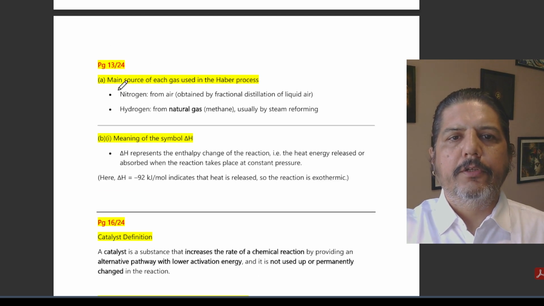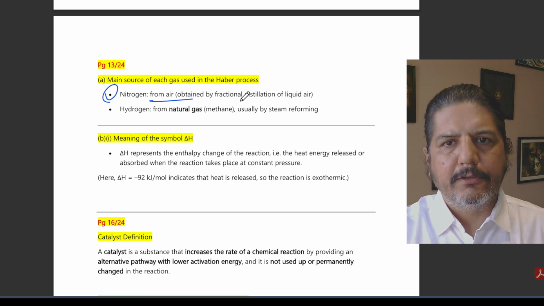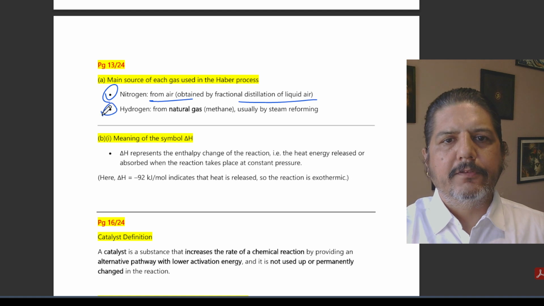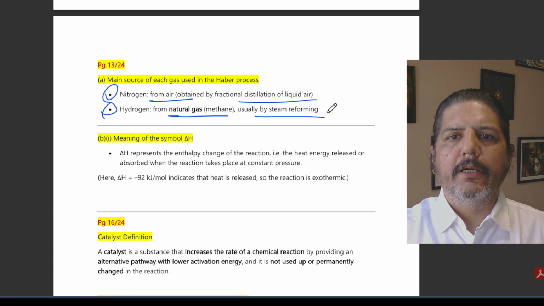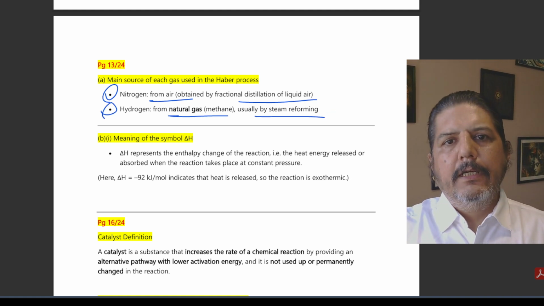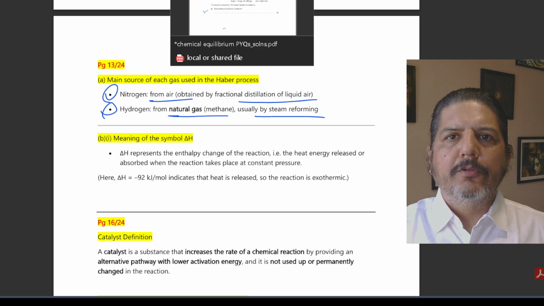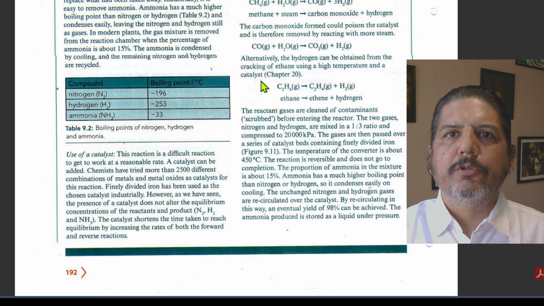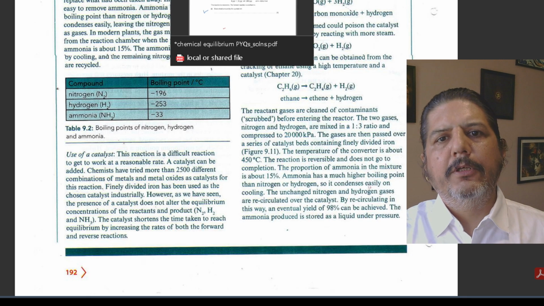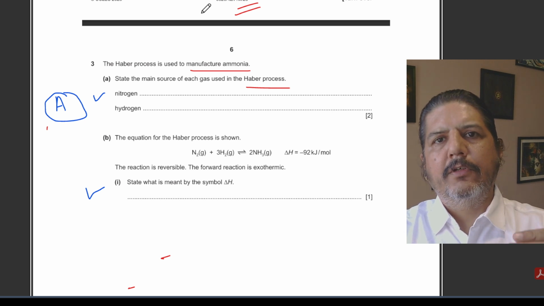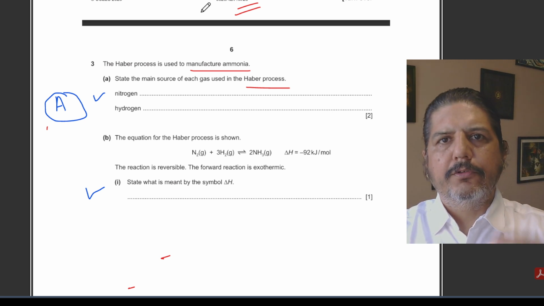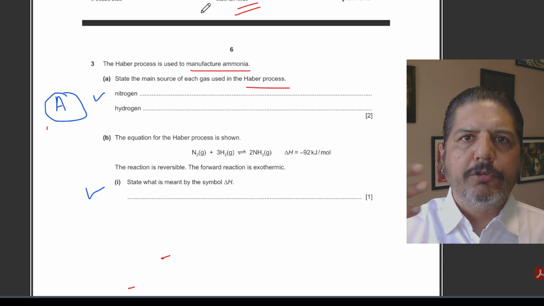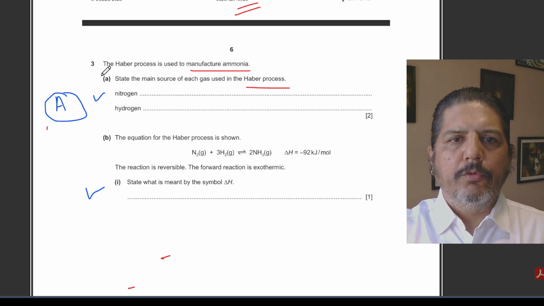Nitrogen is available from air, fractional distillation of liquid air, and second, hydrogen from natural gas by steam reforming. I won't be going into much of the detail for that. You'll have to refer to your textbook, because this would be more of an exercise where I'll be taking you through all the questions, the kind of questions which are asked. So this question is done.